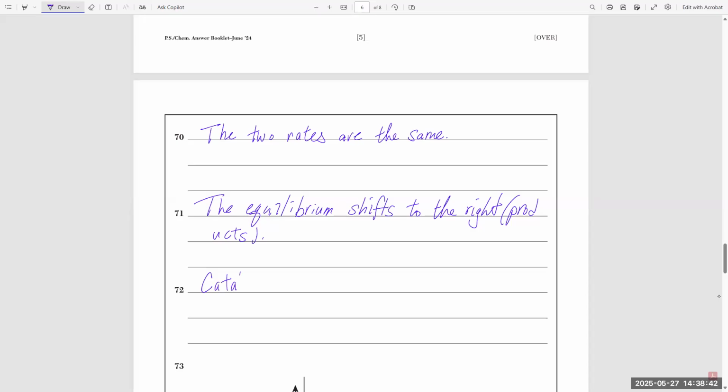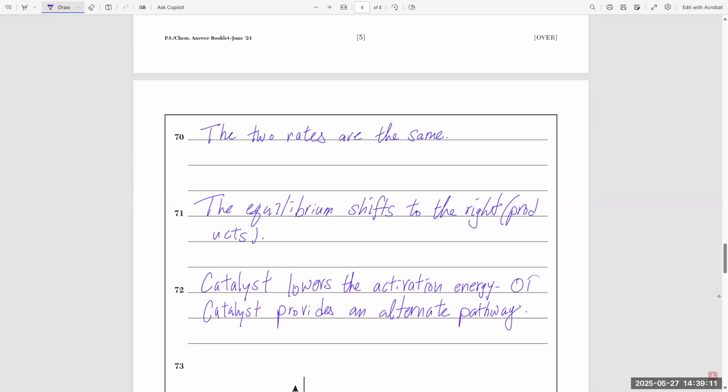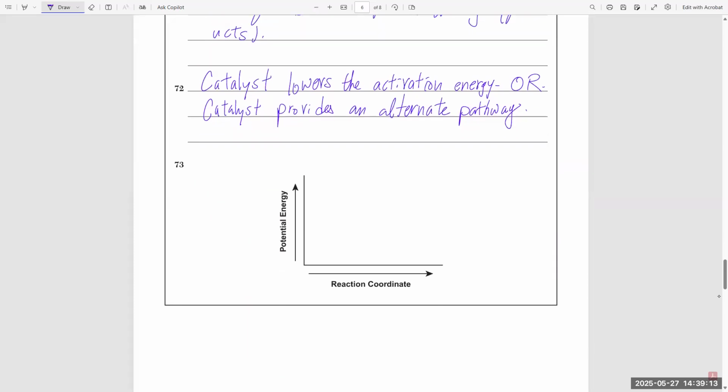Catalyst lowers the activation energy, or you could also write catalyst provides an alternate pathway. Either one is acceptable. That's the correct answer.